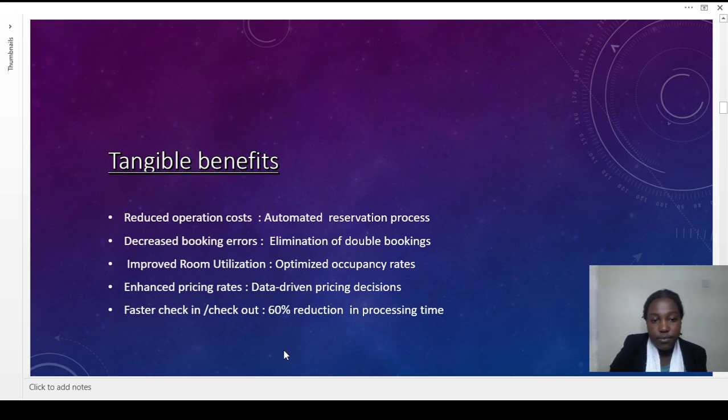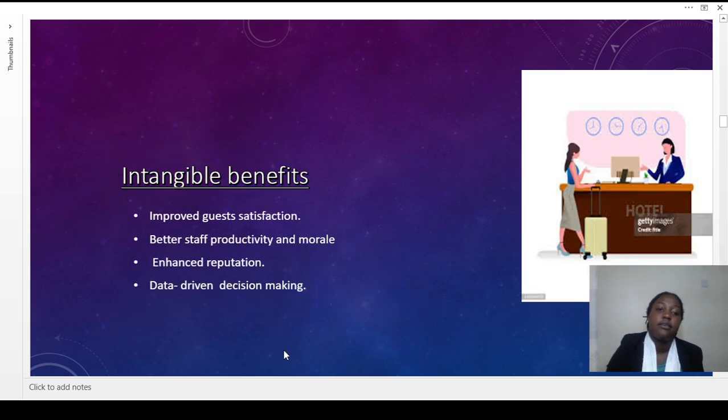It enhances price rates since there are data-driven pricing decisions, so you can't just change room prices without majorly changing the whole database pricing. So there is faster checking in and checking out. This reduces the amount of time wasted.